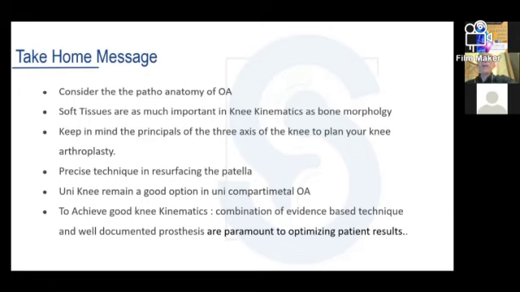But what is very important with the high flex knee: if your patient comes to you with an osteoarthritic knee which doesn't flex more than 90 degrees, a very degenerative and very stiff knee, and there is contraction of the quadriceps, even if you put in a high flex knee, you cannot recover the flexion of the knee.